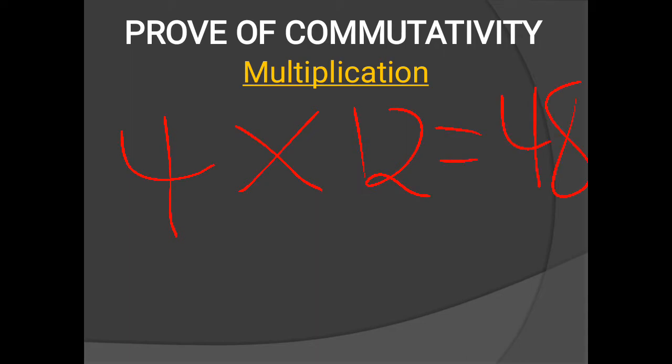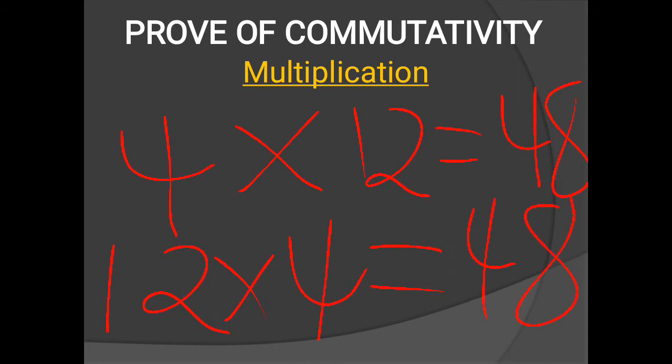If we change the positions, 12 times 4 is also 48. You can use any numbers you like and you will get the same answers. That is why we are saying addition and multiplication are commutative, meaning whichever way you position the numbers, you will get the same answer.